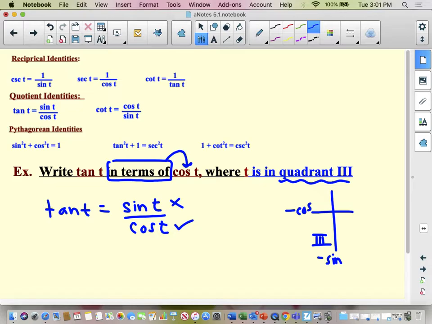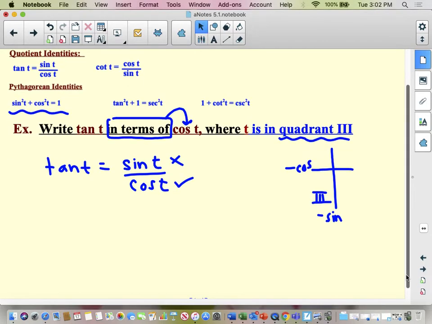Okay, so now I need to go up to my tools above and find a trig identity that I could rewrite in terms of cosine. So if you look at all of these, the only one that connects sine and cosine and nothing else is this Pythagorean identity. It has sine and cosine and 1. 1 is totally fine. Okay, like you can have numbers. I should probably clarify that. So, I'm just going to erase these so it's not confusing.